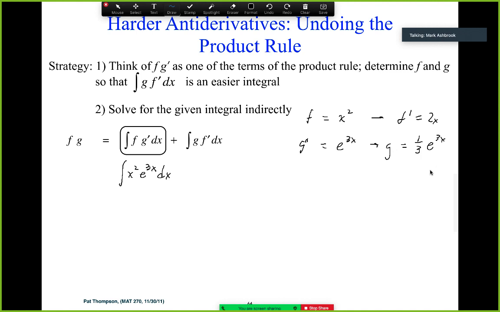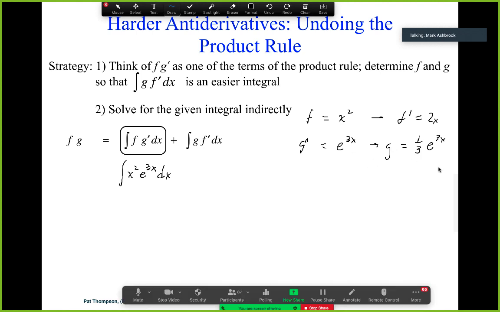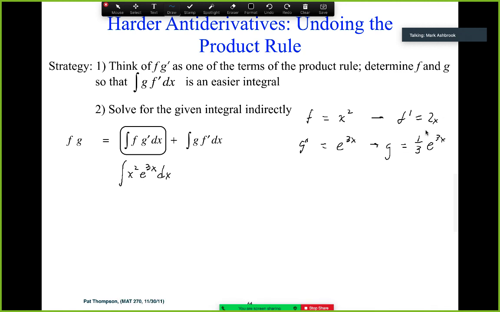It's just a little mini undoing the chain rule on that, right? So we need a 1/3 e to the 3x, thinking about the derivative of this to get e to the 3x. All right, so then that means, what is our g f prime? It is 1/3 e to the 3x times f prime 2x. And we know that fg is x squared times 1/3 e to the 3x.